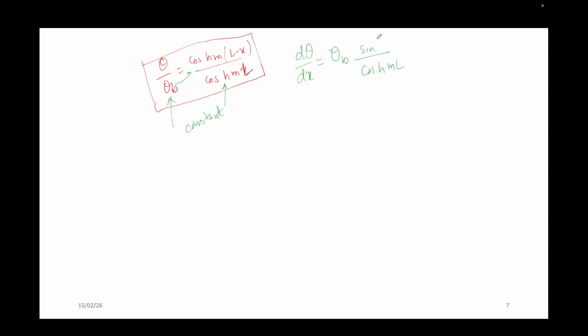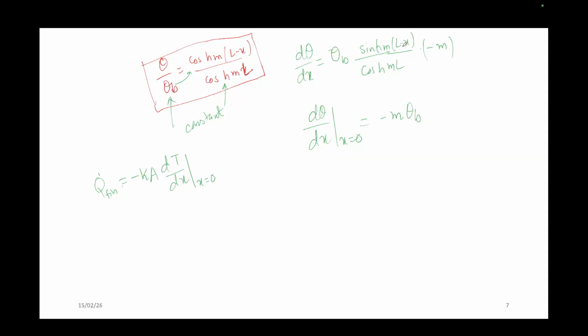So that will be sinh m(L minus x) into minus m, right? Yes or no? Is it clear to you, Ayush?